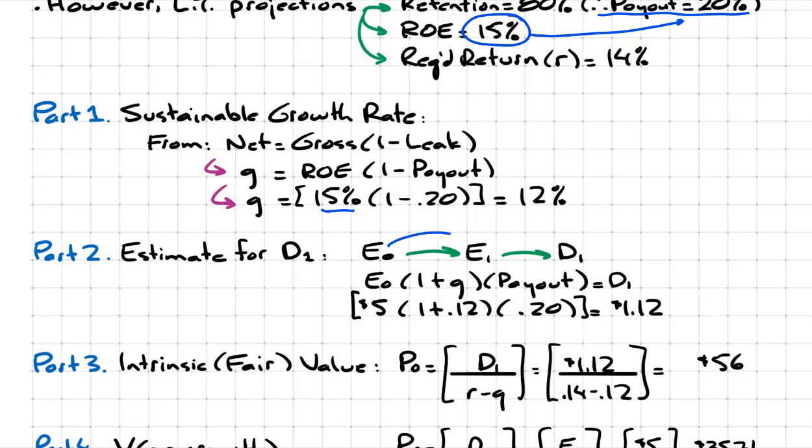To go from E0 to E1, you just compound it by the growth rate for one period, and that gives you E1. Now to go from E1 to D1, we just multiply the E1 by the payout ratio. So the part of the earnings that's paid out is dividends, and then altogether that gives you D1. So now it's just a matter of plugging in all the values, and then we get a value of $1.12 for D1.